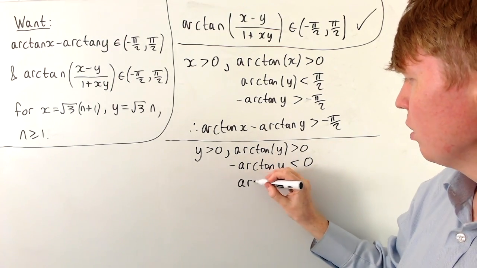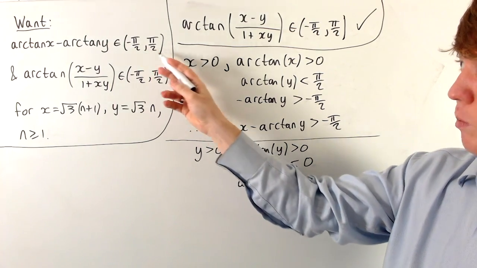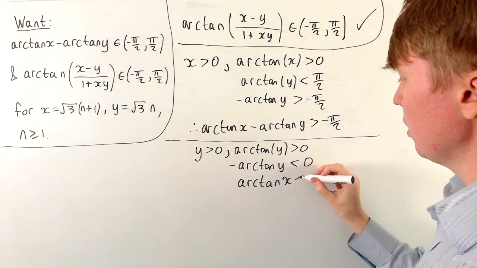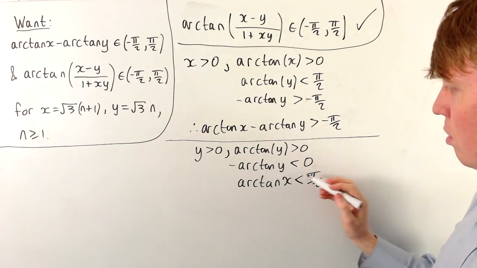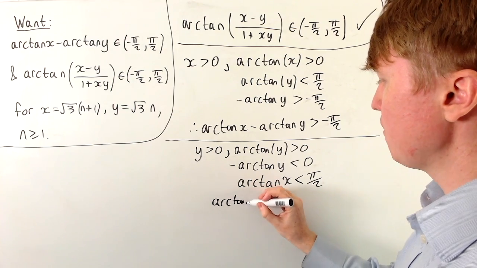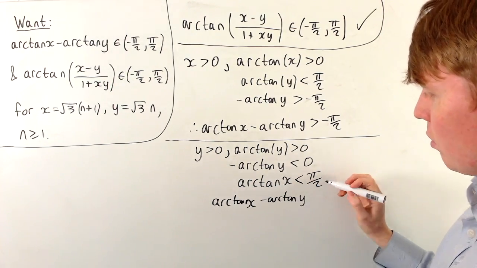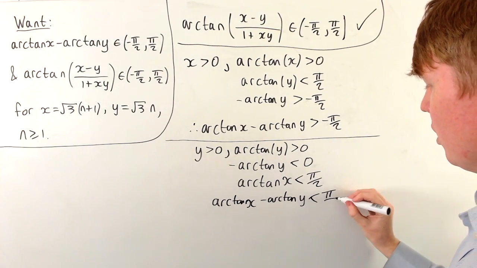And once again, just using the fact that arctan of anything is in this interval between minus pi over 2 and pi over 2, arctan of x then has got to be less than pi over 2. So combining these two inequalities then, you see arctan of x minus arctan of y is just going to be less than pi over 2 plus 0, so less than pi over 2.